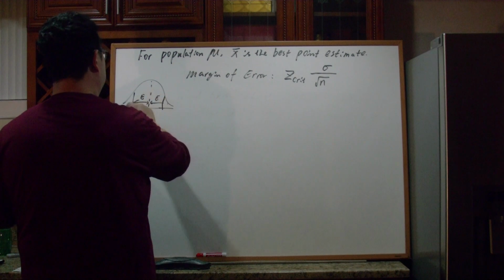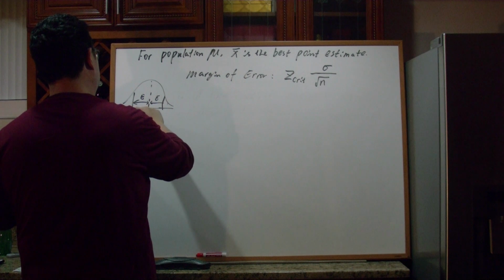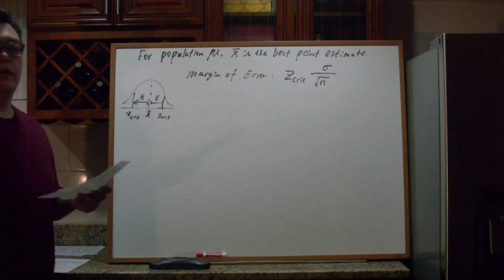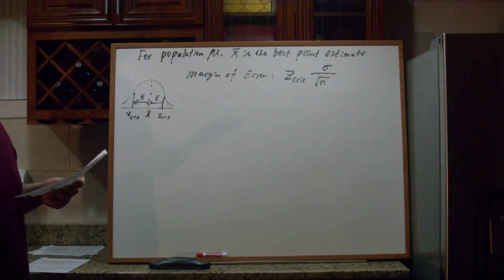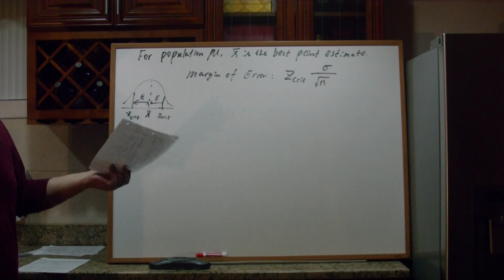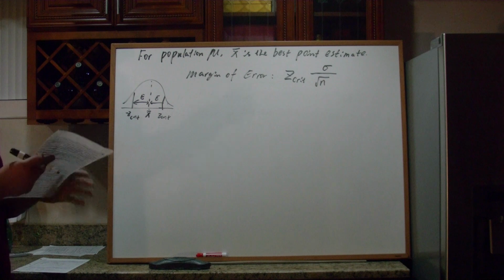So the next thing is, what are the critical z-scores? How do we relate a certain confidence level to the critical z-score?